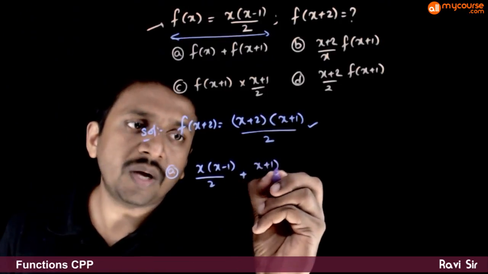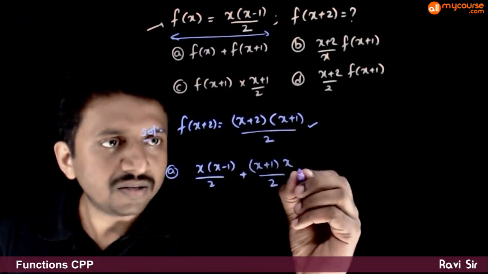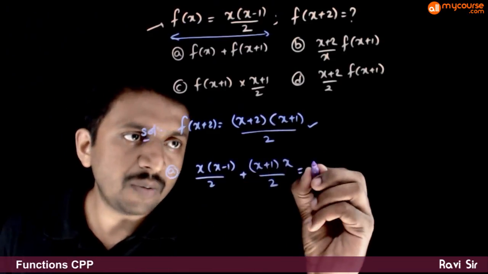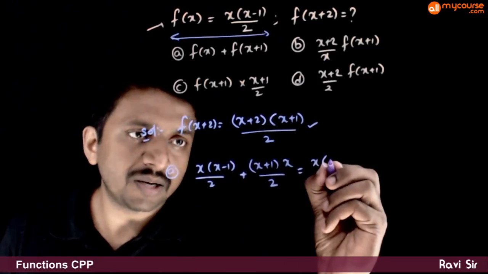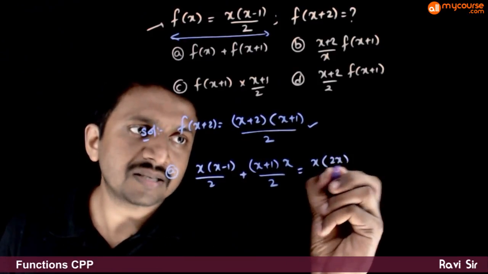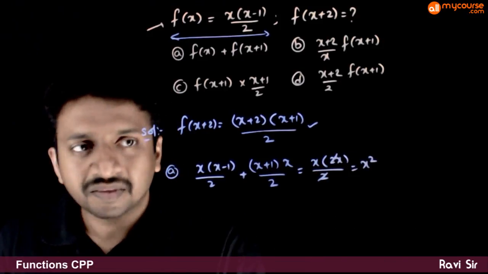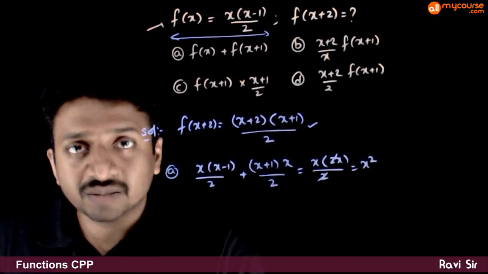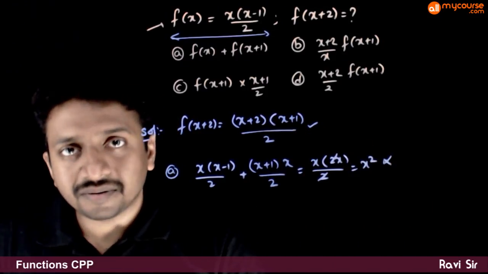It is (x + 1)x/2. So if you add these two, you can take x as common: x[(x − 1) + (x + 1)], that is 2x/2, which is equal to x². So f(x) + f(x + 1) is x², not this. So the first option is wrong.